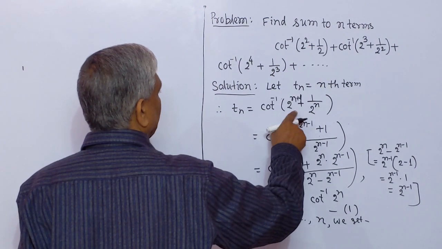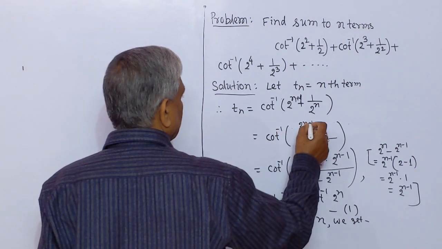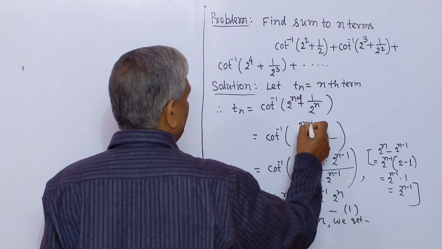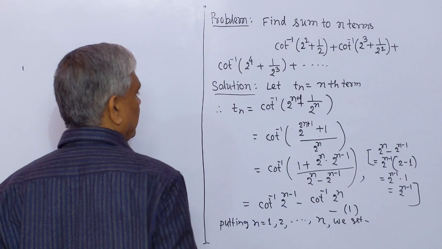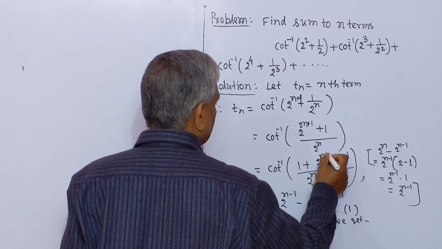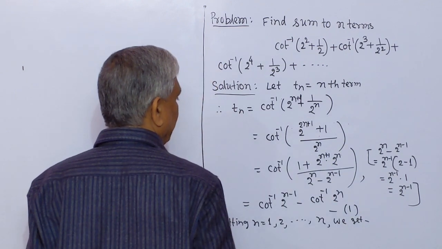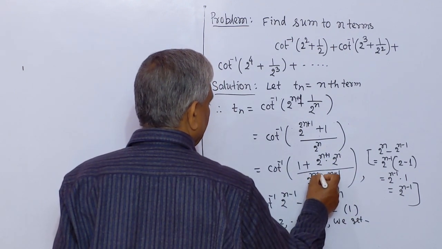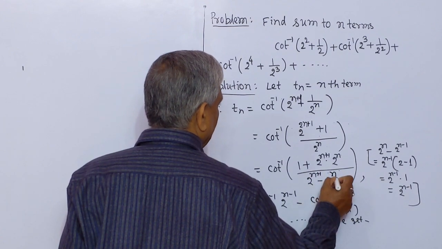The nth term will be this, and we may write this is 2n plus 1, here 2 to the power n, here 2 to the power n plus 1, here 2 to the power n.